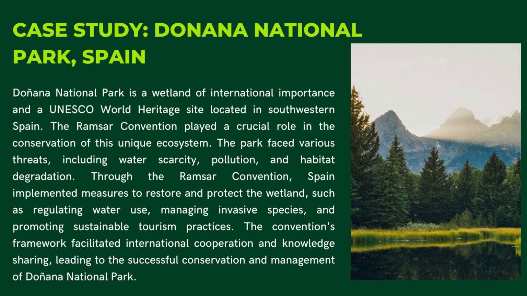Through the Ramsar Convention, Spain implemented measures to restore and protect the wetland, such as regulating water use, managing invasive species, and promoting sustainable tourism practices. The Convention's framework facilitated international cooperation and knowledge sharing, which led to the successful conservation and management of the Donana National Park.